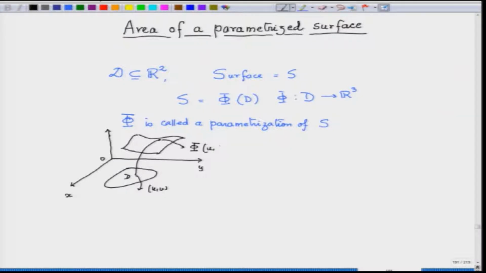So, (u,v) is taken to phi of (u,v), where phi of (u,v) is actually these 3 coordinates: x(u,v), y(u,v) and z(u,v). So, this is how we represent it.